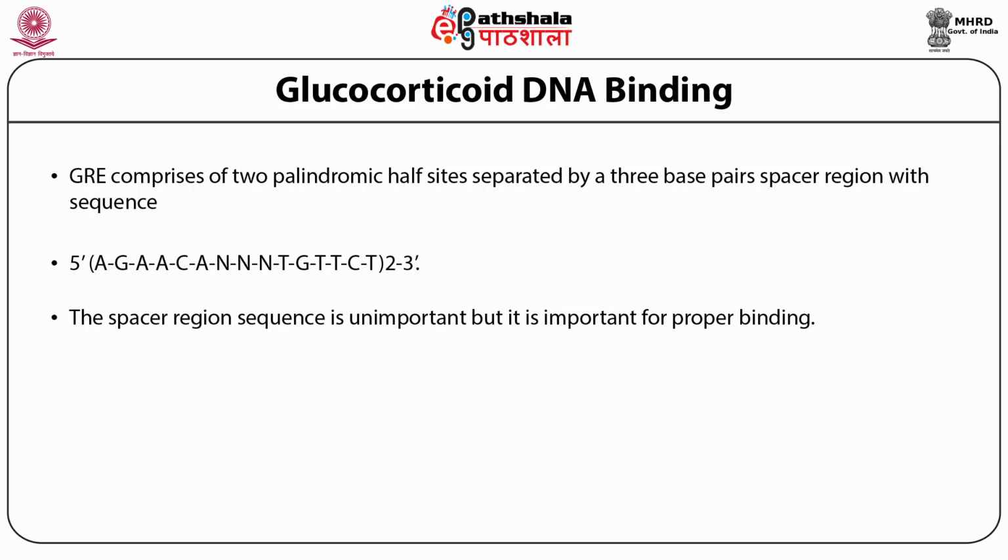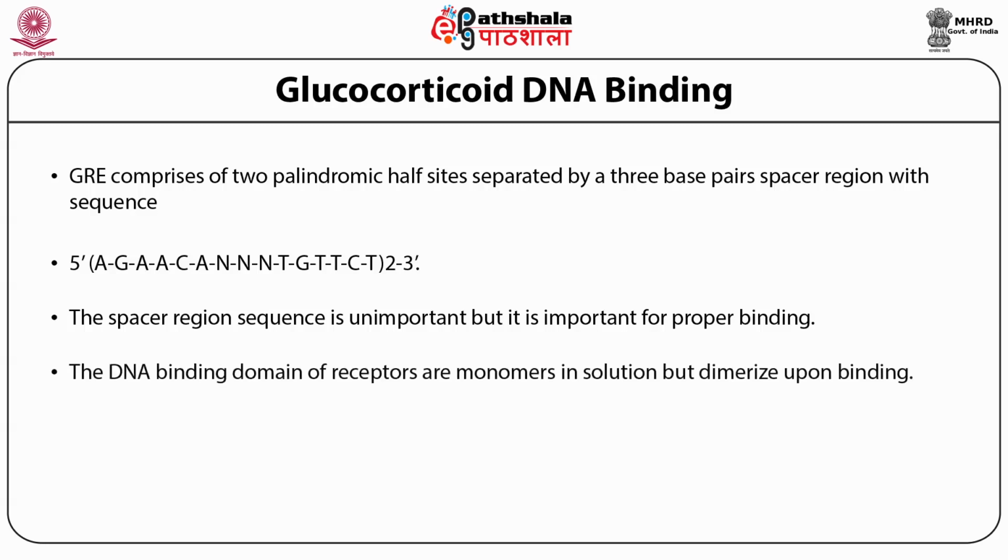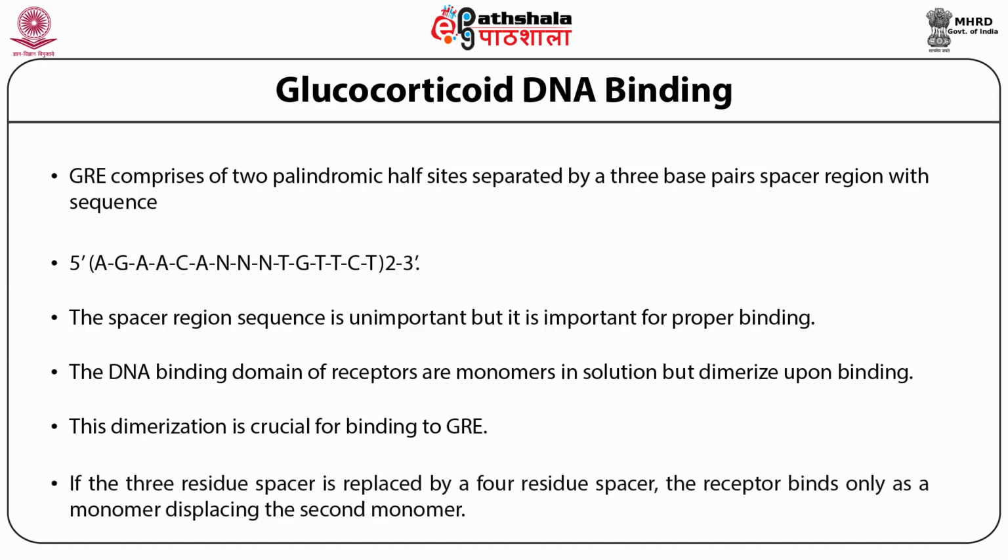The DNA binding domains of receptors are monomers in solution, but dimerize upon binding. This dimerization is crucial for binding of GRE. If the 3 residue spacer is replaced by a 4 residue spacer, the receptor binds only as a monomer, displacing the second monomer.